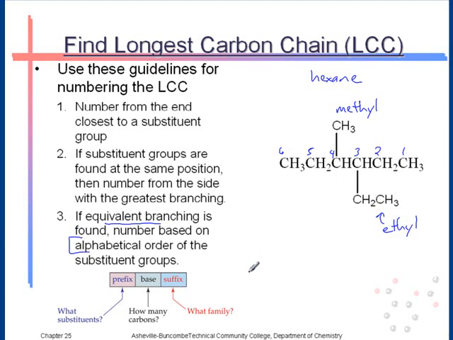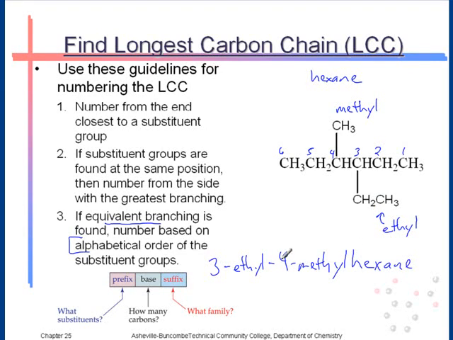Let me construct the name. Alphabetical order establishes a numbering, and then, like I said before, the alphabetical order also establishes how I lay out the substituent groups. So, for example, it would be 3-ethyl-4-methylhexane.